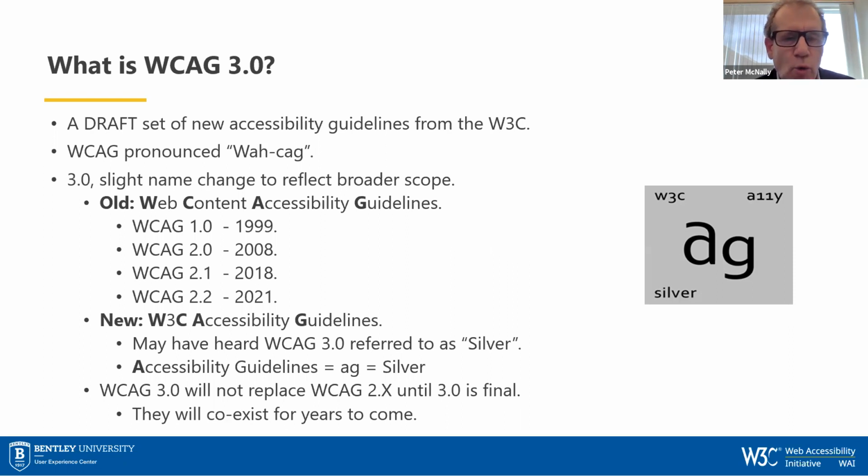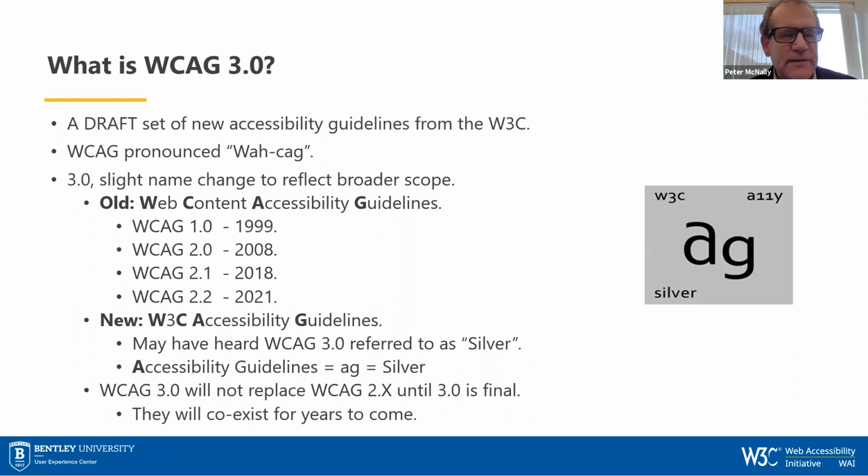Going way back to prehistoric days as far as the web is concerned, back in 1999, we started off with WCAG 1.0, and back then, if you remember, HTML was very basic, so those guidelines were at a very basic level. Then over the years, as web technology advanced, so did the guidelines. In 2008, we had 2.0, in 2018, 2.1, and then we're currently at, or coming soon to, 2.2.